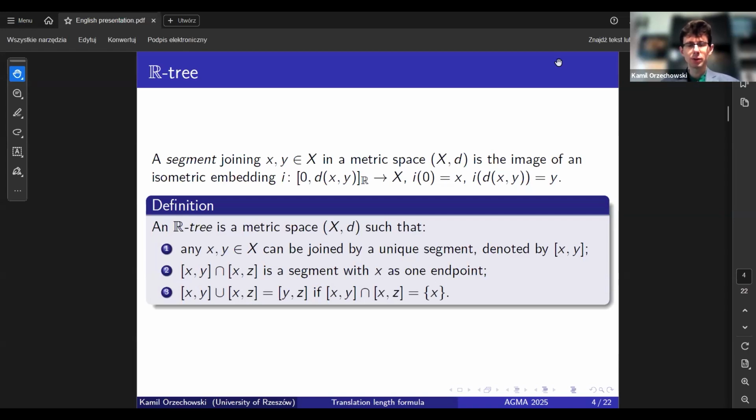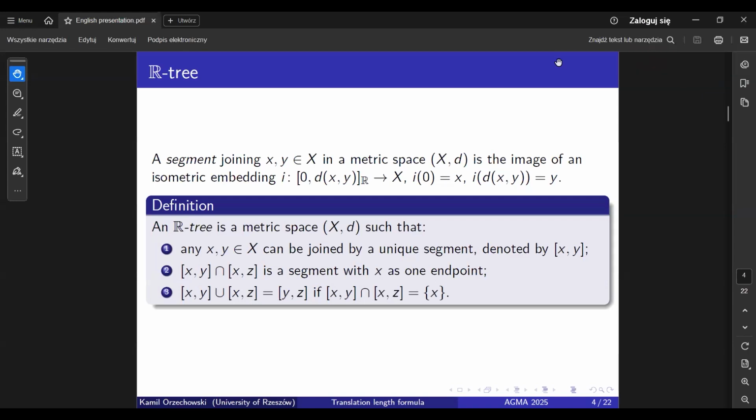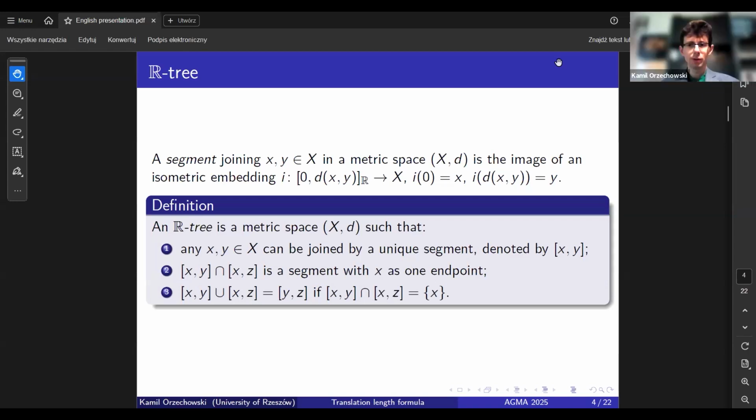If we have 2 segments with a common endpoint X, their intersection is also a segment with X as one endpoint. And in particular, if the intersection is a singleton, then the union of the segments is also a segment joining Y and Z here. So these 3 conditions reflect the tree-like structure of this metric space.